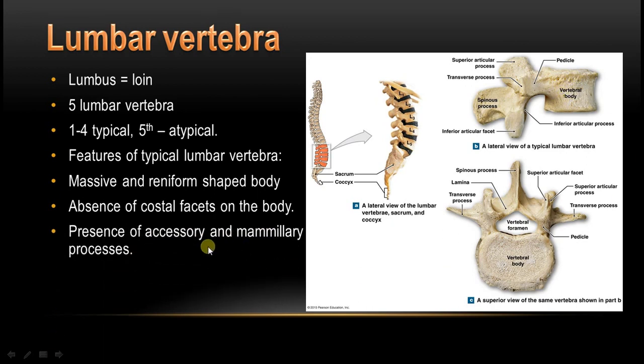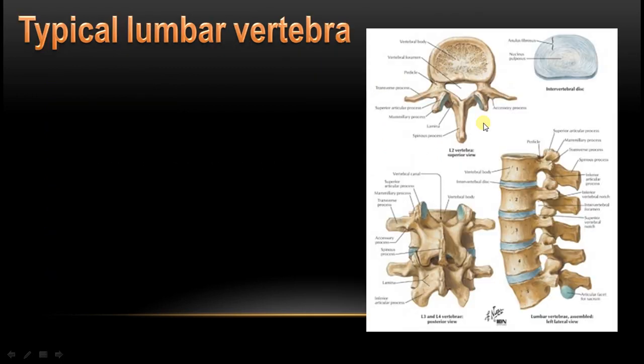And as I told you, presence of the accessory and the mammillary process. The spine is quadrilateral and thick. The size increases from first to fifth, and the fifth is the largest because it bears the brunt of the whole weight of your trunk, limbs, neck, head.